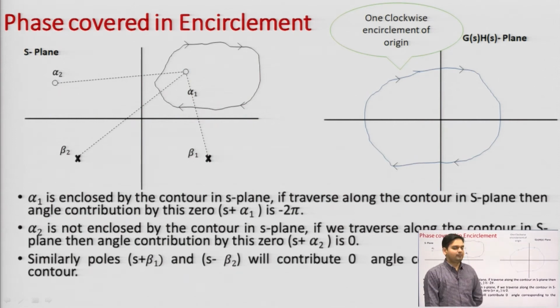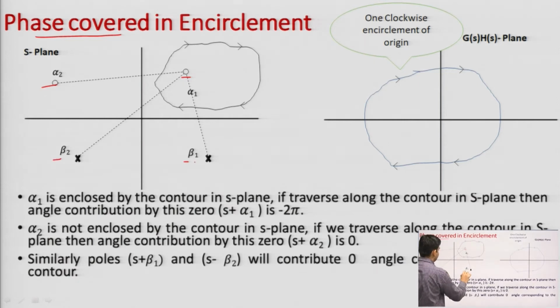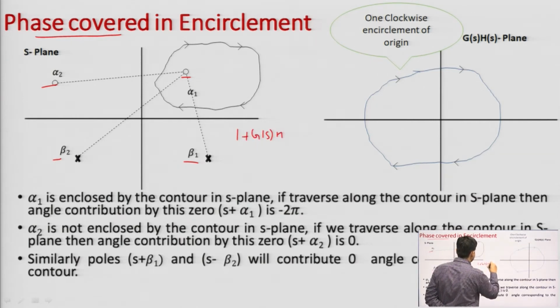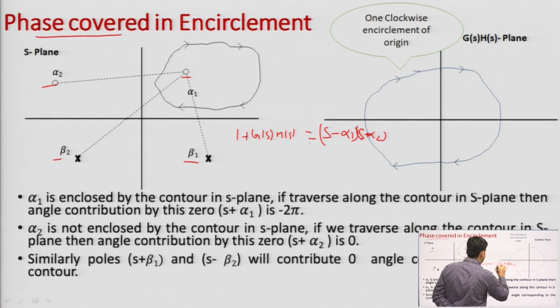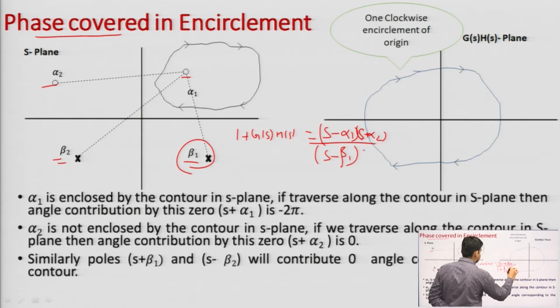On the basis of the same, how do we calculate the phase covered in the encirclement? I am assuming certain zeros are here, alpha 1, alpha 2, beta 1, beta 2. Alpha 1 and alpha 2 are zeros, beta 1 and beta 2 are the poles. So, 1 plus G(s)H(s) is given: one 0 is s minus alpha 1, the second 0 is s plus alpha 2, divided by, one pole which is s minus beta 1 and the other pole which is s plus beta 2.